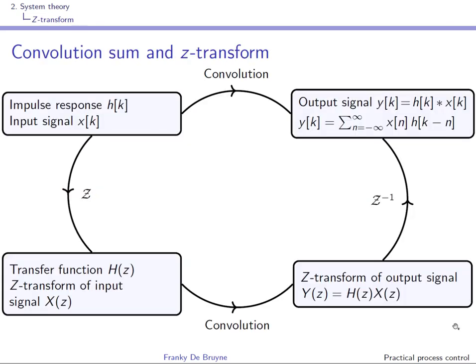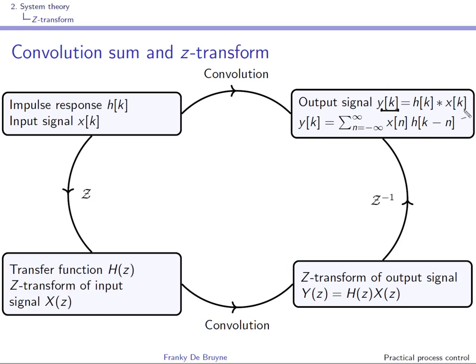After sampling, we have to work with discrete time signals. So the system is now described by its impulse response h(k), a discrete time sequence, and k here is an integer. Similarly, the input signal is x(k). We can now compute the response of the system described by this impulse response subjected to the input signal x(k), and that's y(k).